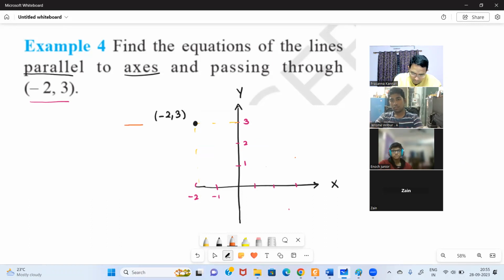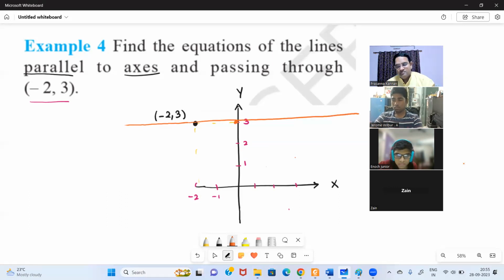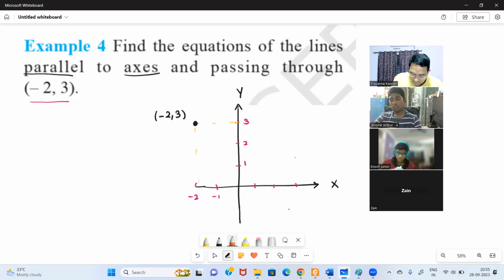Isn't this the line, ma'am? What is this line? This line is parallel to? X-axis. Yes, this line is parallel to x-axis. And is it passing through this point or not? It is. And can you tell me what is the equation of this line?